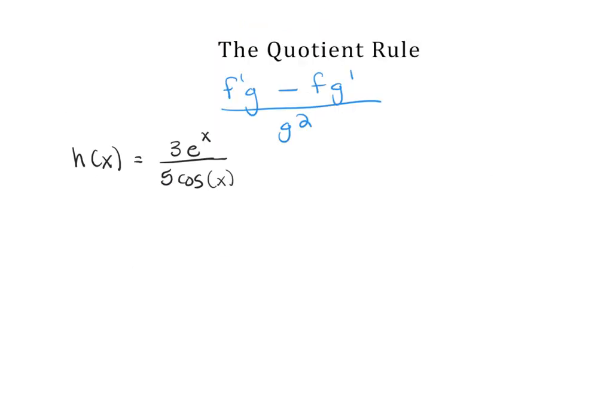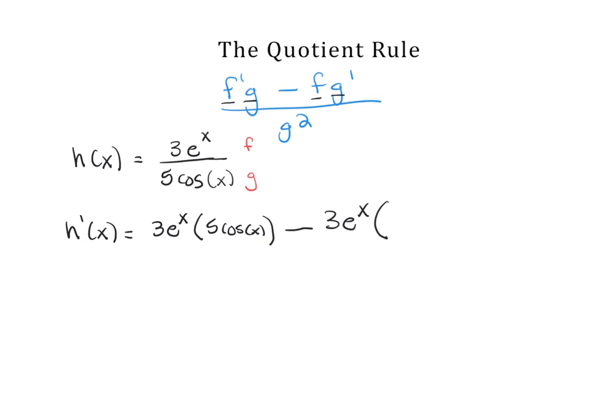All right, let's practice the quotient rule again. So here we have the top function we'll call f, the bottom function we will call g. And to do the derivative, I'll start with the derivative of the top, which is just 3e to the x, and then times the regular bottom, which is 5 cosine of x, minus the original top, which is 3e to the x, and then the derivative of the bottom.